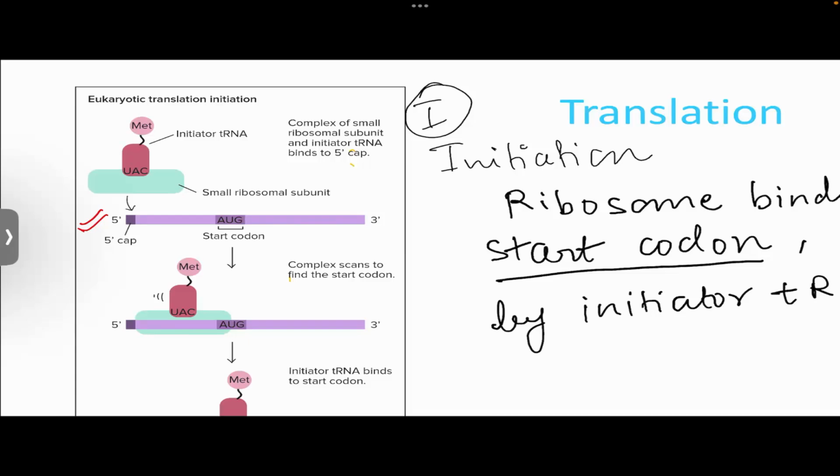This small ribosomal unit is also bringing the initiator tRNA, which has the anticodon and the amino acid methionine.